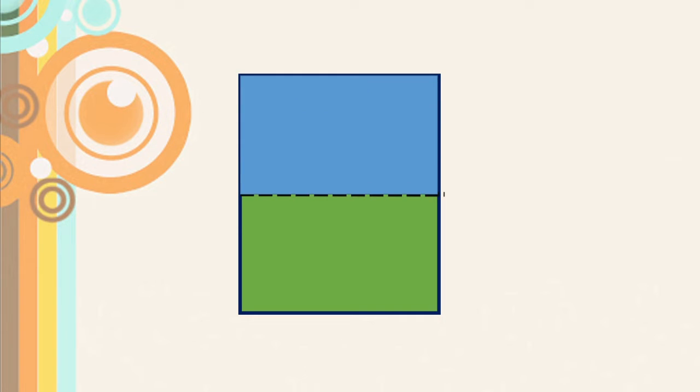Means we can say that this paper has half blue color and half green color. Got this, children? Half means exactly cutting in the middle of that whole. You can say this is half fraction, half portion, or half part of that whole.